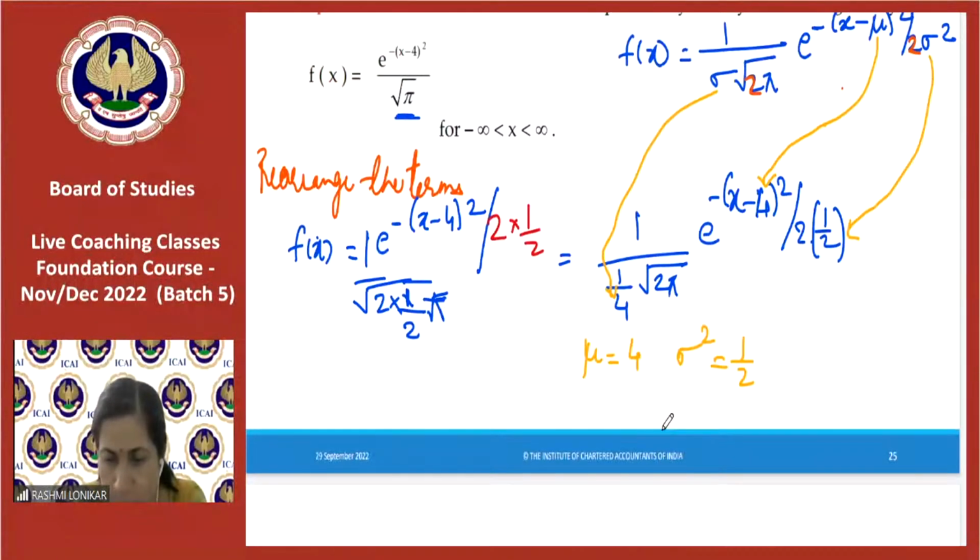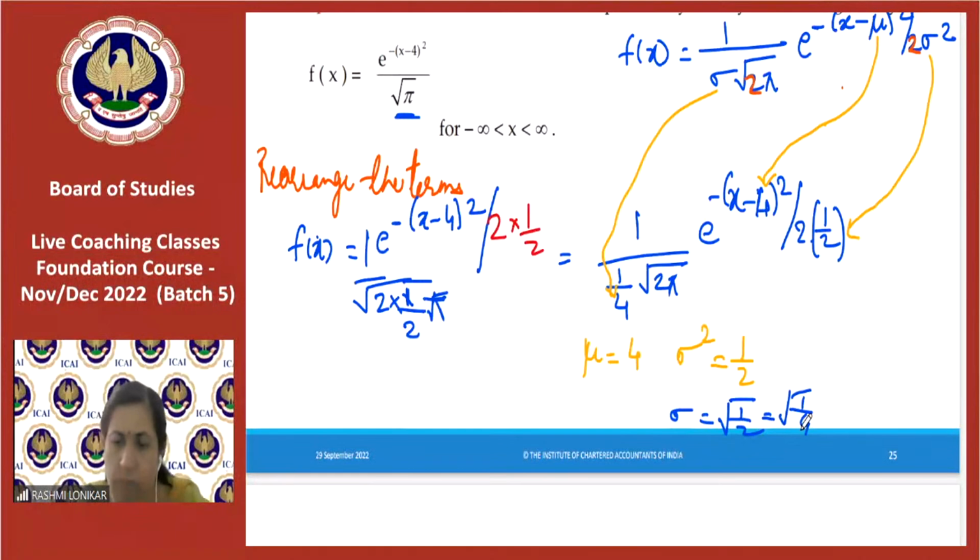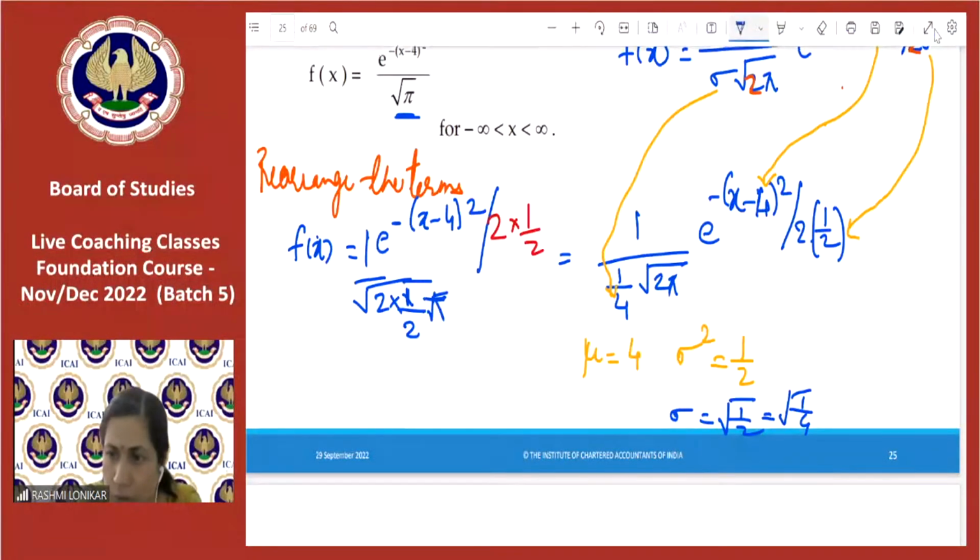Sigma will be equal to simply 1 by 4. Okay, same thing we have done.